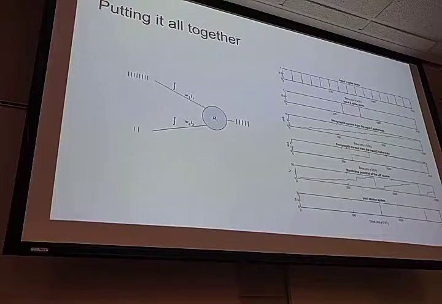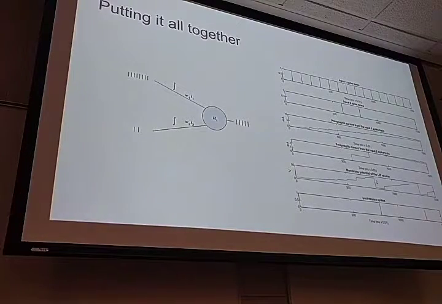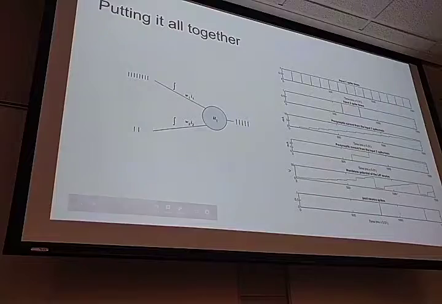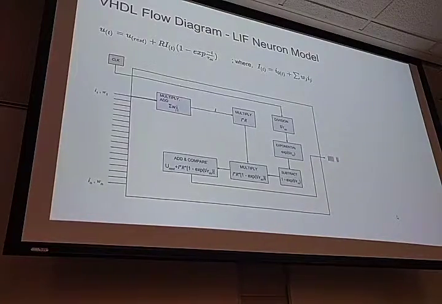Finally, the membrane potential of the leaf neuron keeps increasing until a certain threshold, and it will emit a spike once the threshold is reached. So this part was implemented in MATLAB. So Manithu will explain it further.